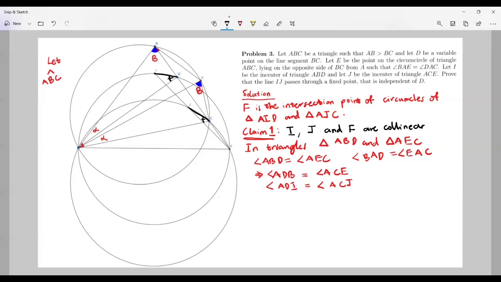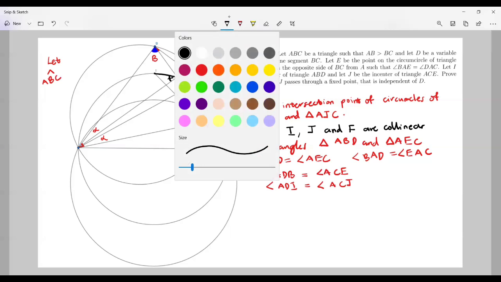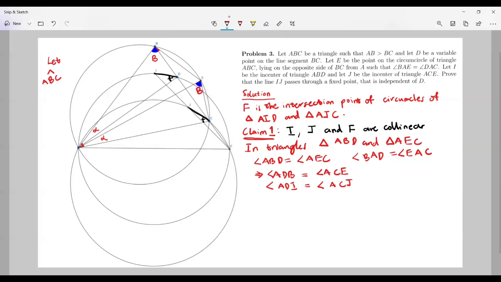Now, angle ADI from the circumcircle of AID is going to be equal to angle AFI, as defined from the beginning.